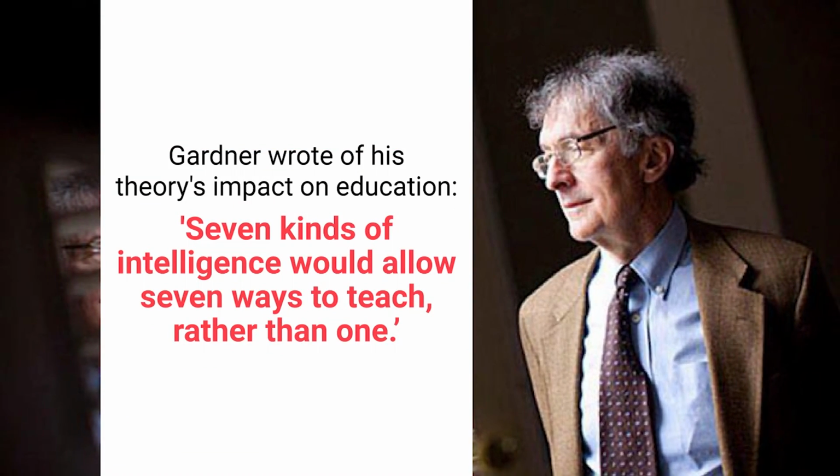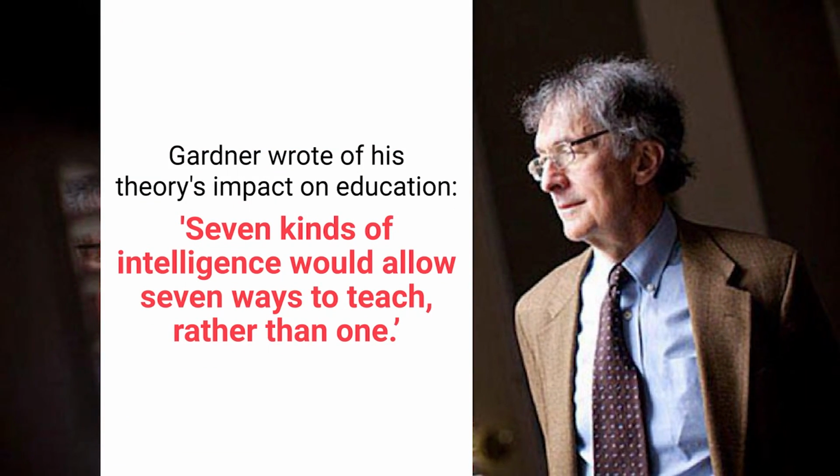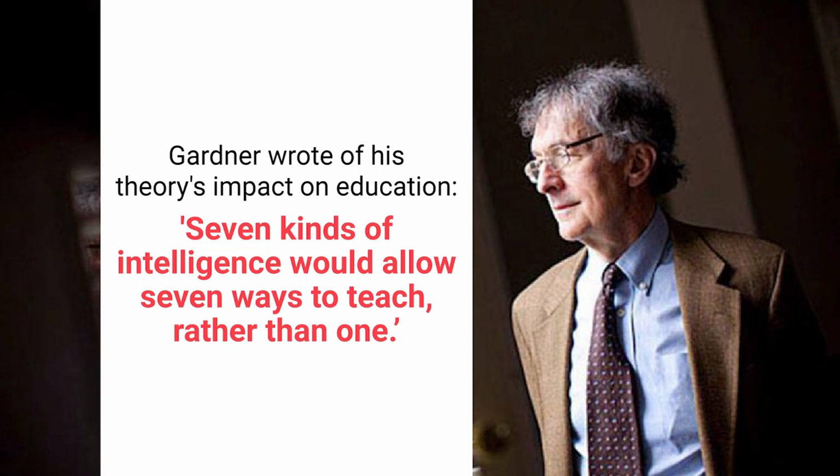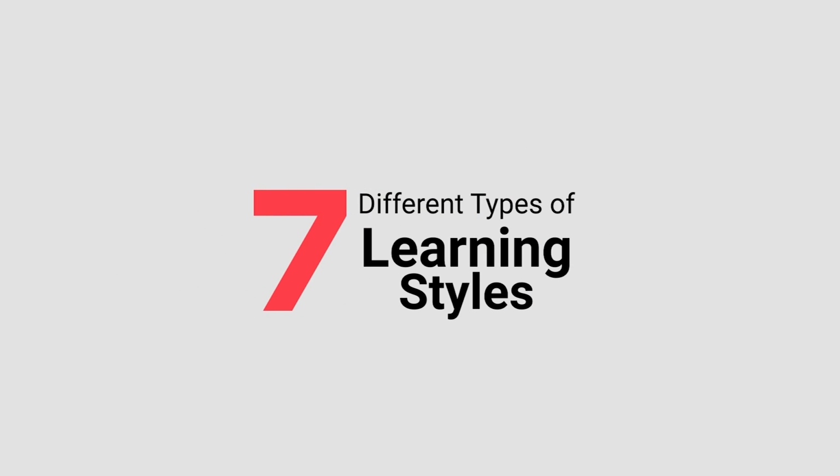Other intelligences include spatial intelligence, musical intelligence, and interpersonal intelligence. Gardner wrote in his theory, Impact on Education, 7 kinds of intelligence would allow 7 ways to teach rather than 1 way to teach. 7 different types of learning styles.